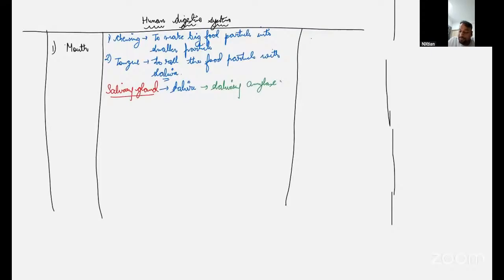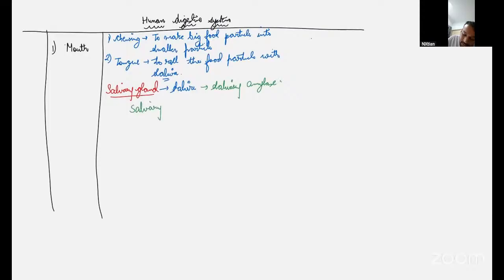Salivary amylase converts carbohydrate, which is complex, which I will write with a C, into maltose sugar, which is simple. This is the work of salivary amylase.